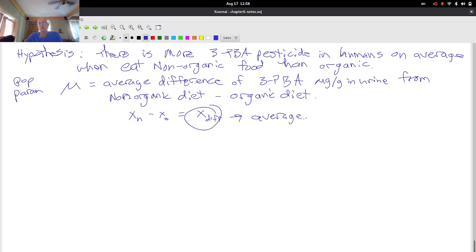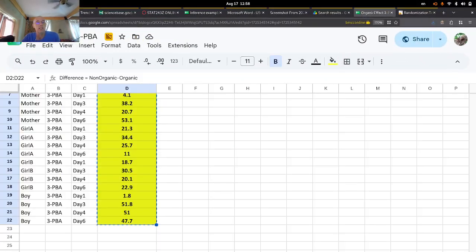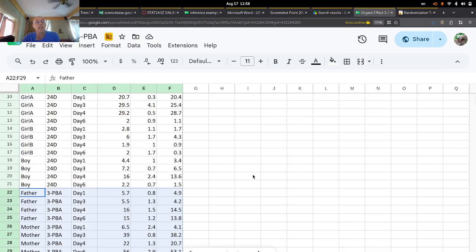Order of operations is important here. And so just a reminder, that's what I did back here in this spreadsheet. I took the original data, which was the amount of 3-PBA in their urine when they ate non-organic, similar timeline, but after eating organic food, and then I found the difference of those there.